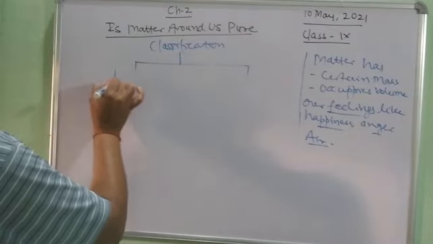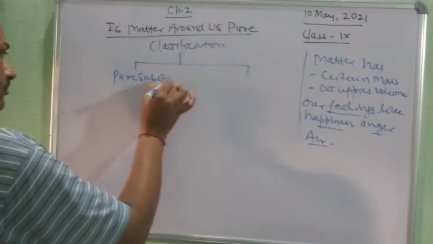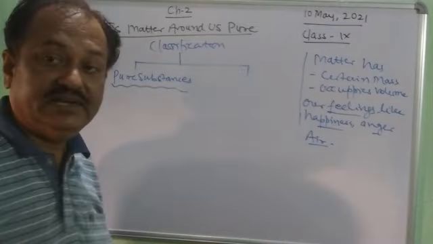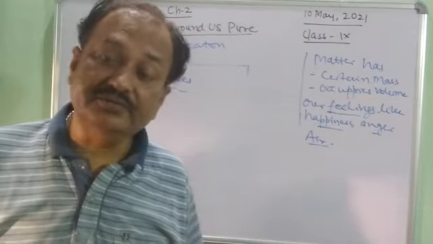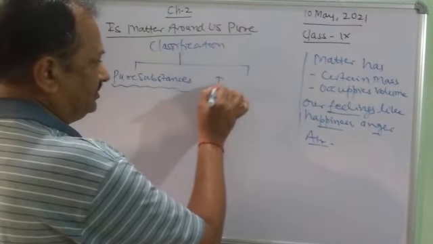So first is pure substances. The first category is of pure substances, and the second is of impure substances.